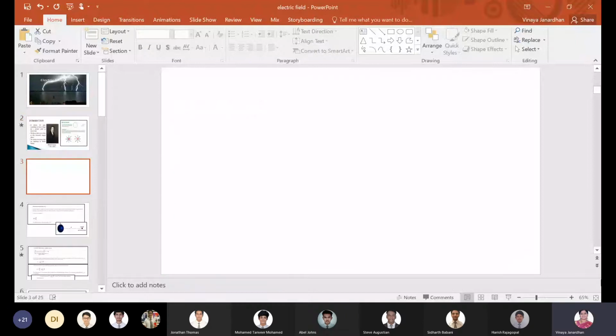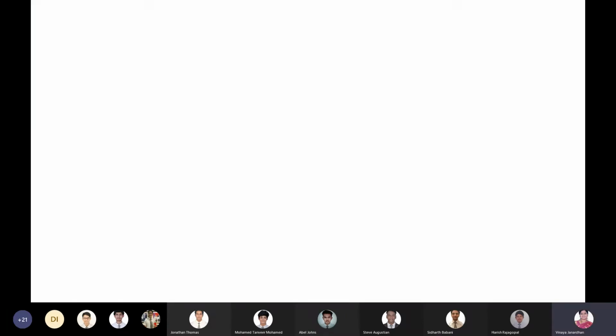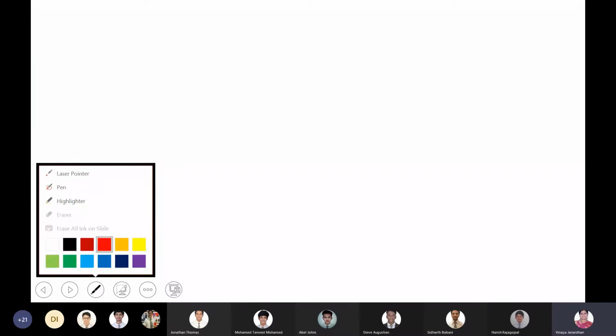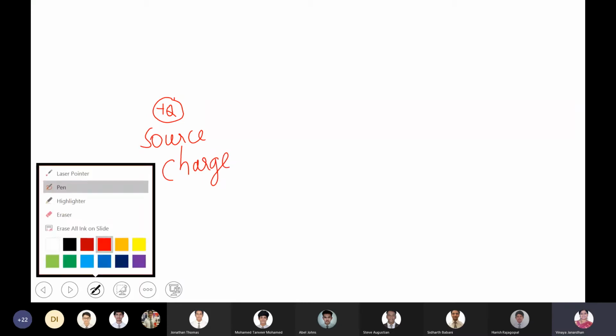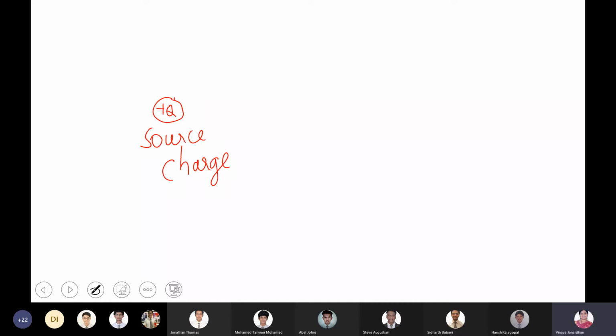So now, next is, how will you define an electric field line? Your electric field, you represent it with electric field lines. Now, suppose I have a charge which creates an electric field, we call this charge a source charge. Now, it creates an electric field, which is represented by electric field lines.